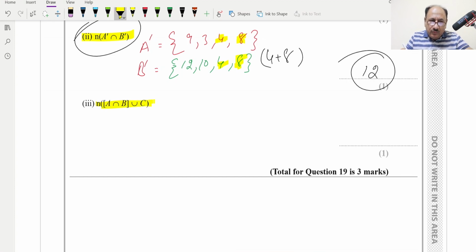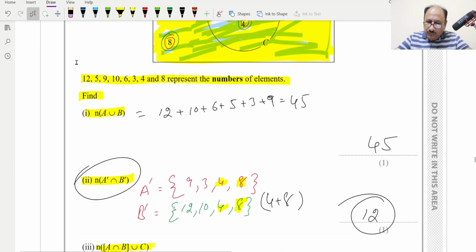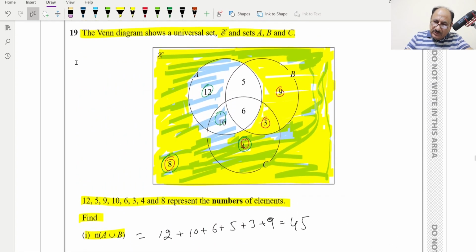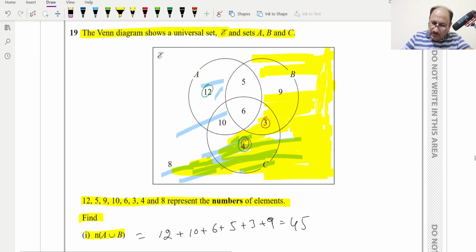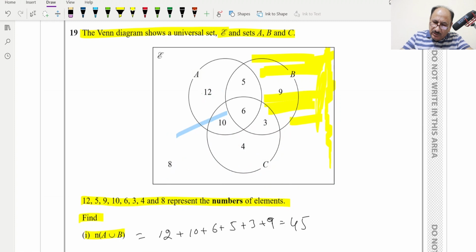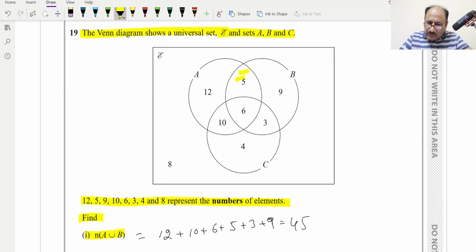So what we will do is we will first separately write A intersection B. A intersection B will be what? A intersection B is whatever is common in A and B. A intersection B is this area which is 5 and 6.